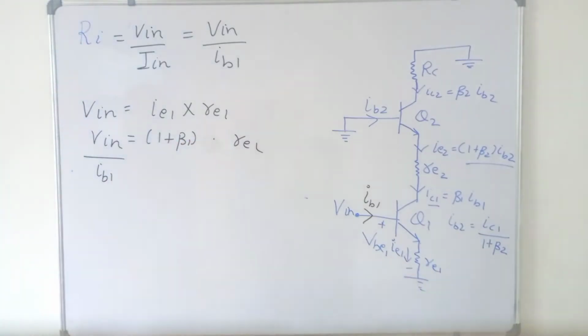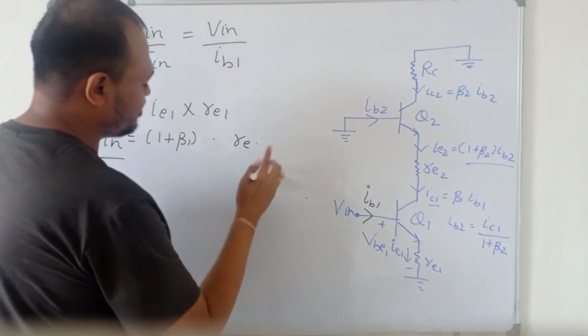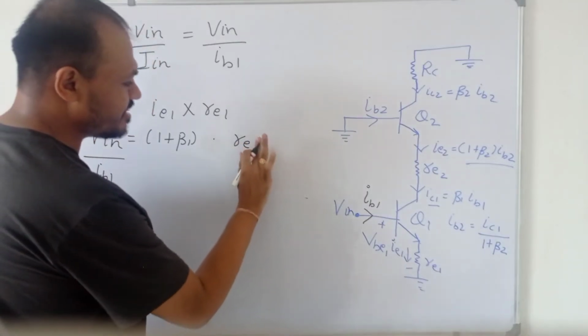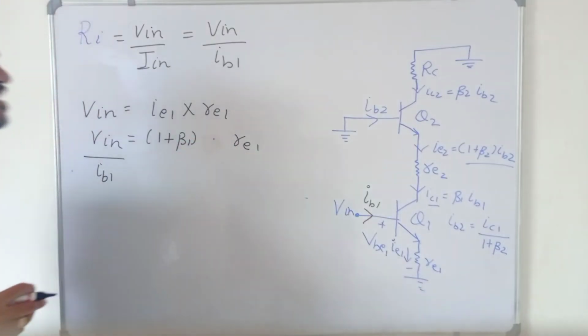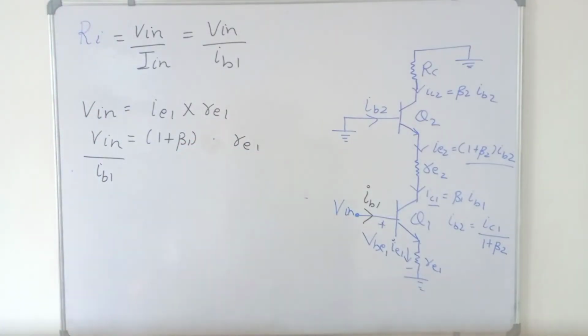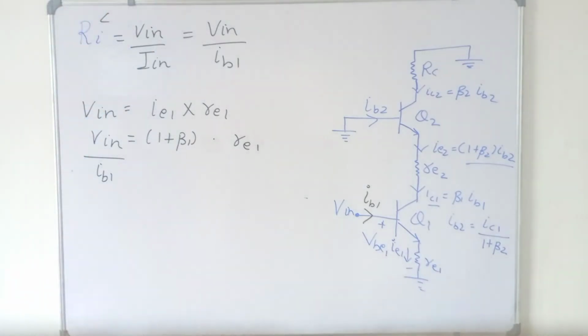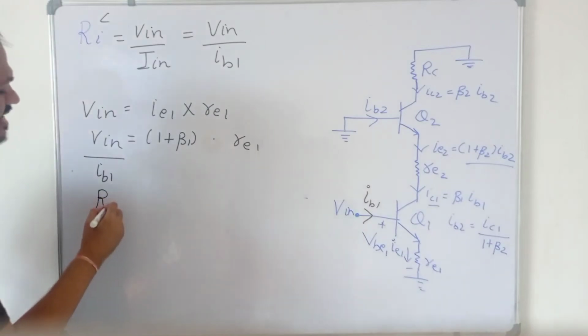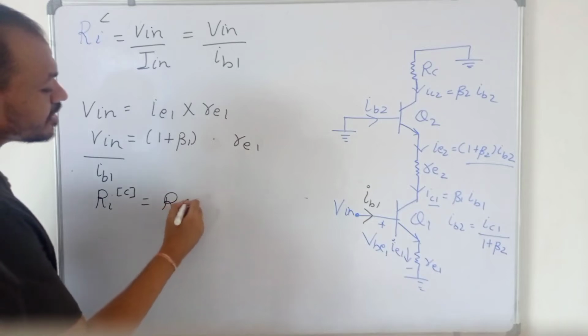Okay. So this is nothing but RE1 plus beta 1 into RE1. 1 plus beta 1 into RE1 is nothing but the input resistance of the common emitter stage. So the input resistance of the cascode amplifier is equal to the input resistance of the common emitter stage. Ric is equal to Ri of CE.